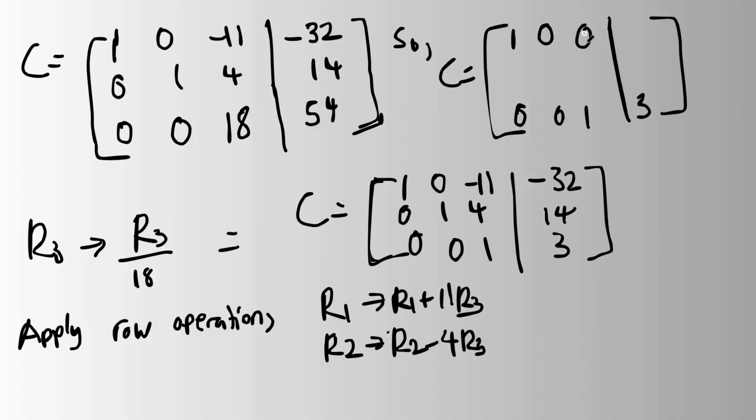And as for the second row, R2 is 0 minus 4 0, yeah, 0. And the second one, 1 minus 4 R3, okay, 1. And the next one, 0, yeah.